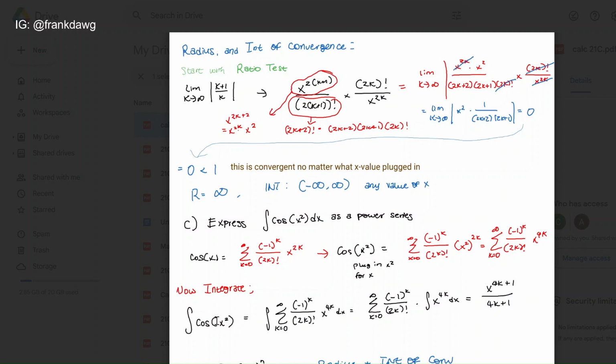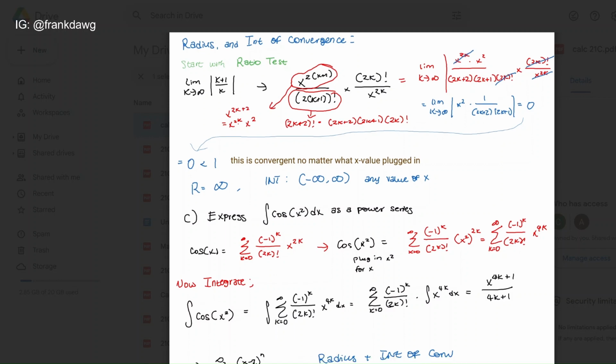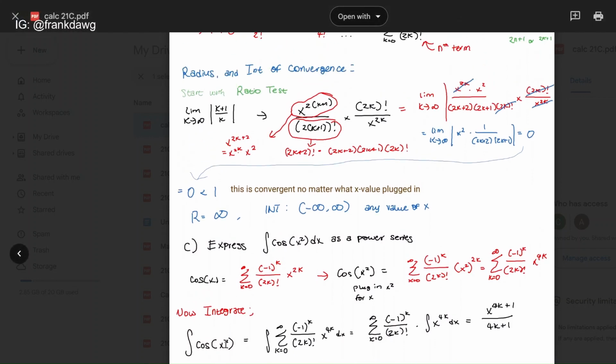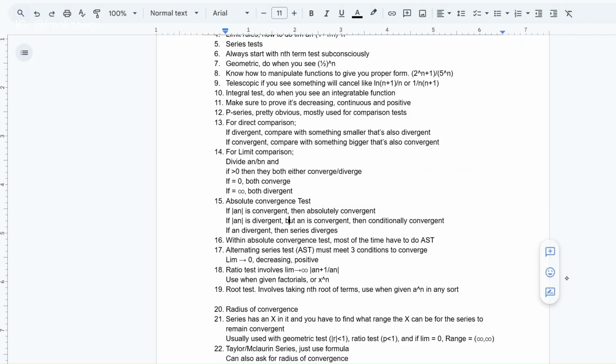And then something like this: the original function was cosine of x, and now they ask for cosine of x squared instead. You just replace x with x squared. So this used to be x to the 2k. Just replace it with x squared, it becomes x to the 4k right here. That's basically it.